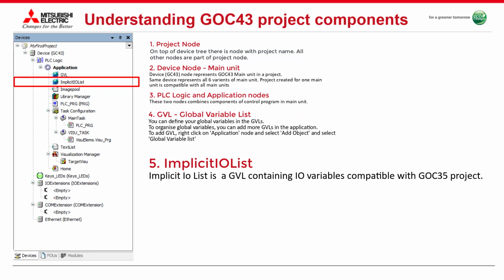Implicit I/O list is a GVL containing I/O variables compatible with GOC35 project. Variables from this list can be used while importing GOC35 project in Codezy's v3.5. We will see how to make GOC35 project compatible with GOC43 in another training PPT.